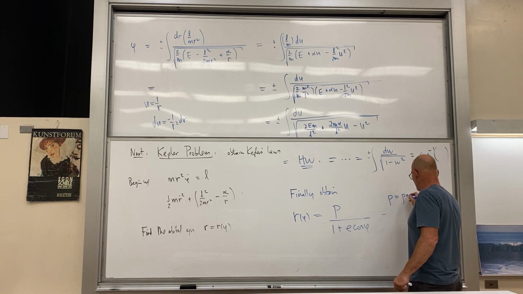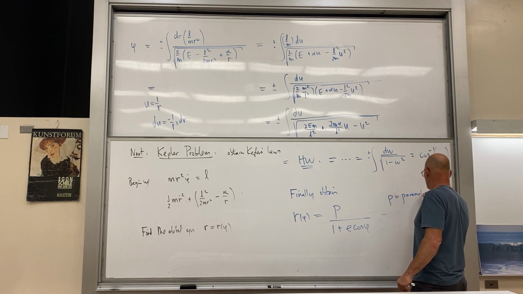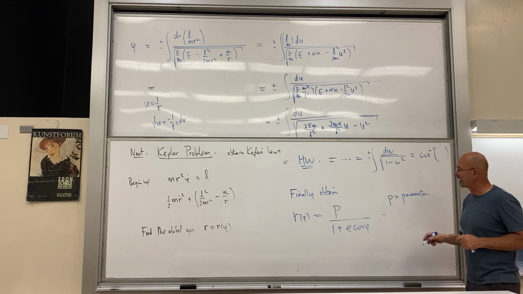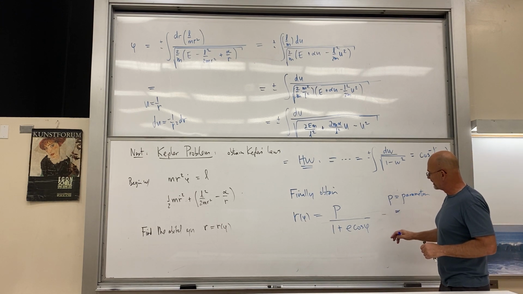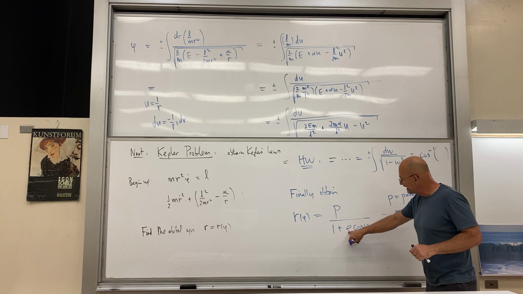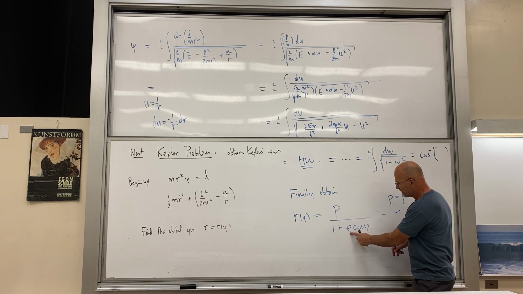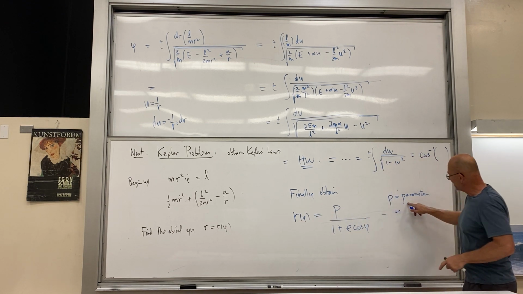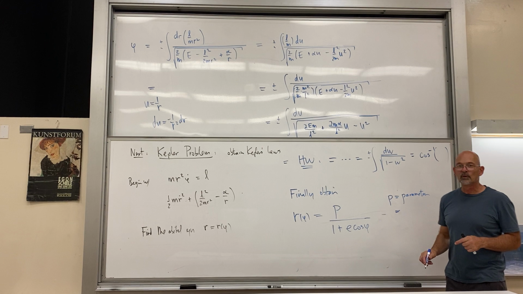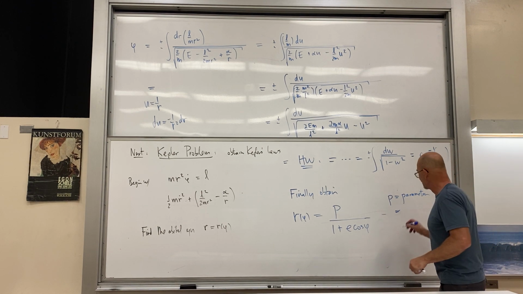P is called the parameter, and to check that you got the right value for it, you'll notice that when e is equal to 0, this is another constant. When e is equal to 0, r of phi is constant. So p is called the parameter. It's equal to the radius of the circular orbit.